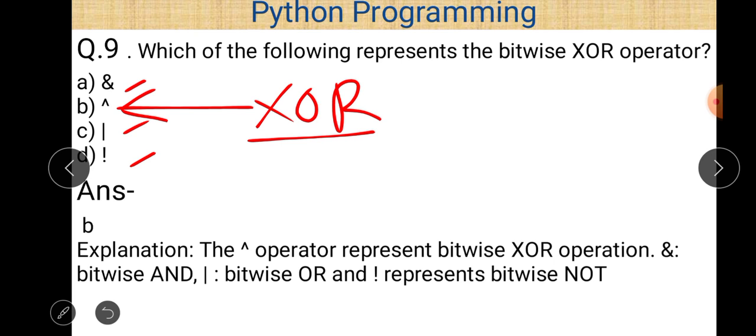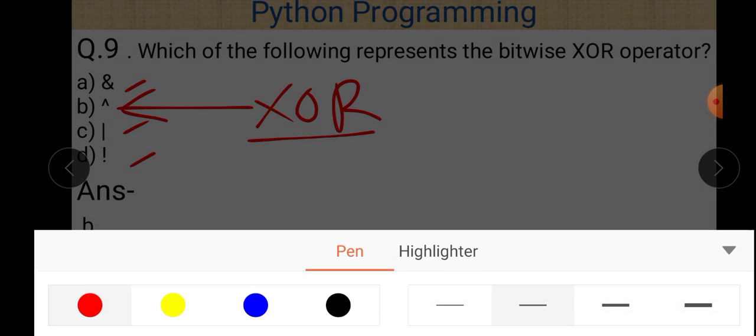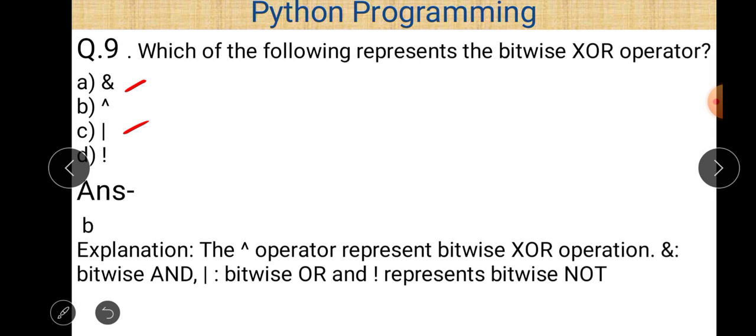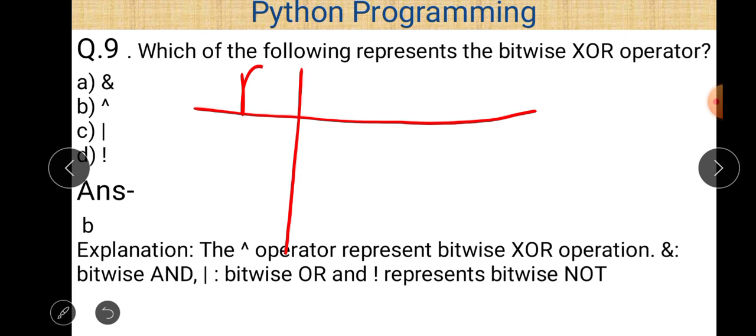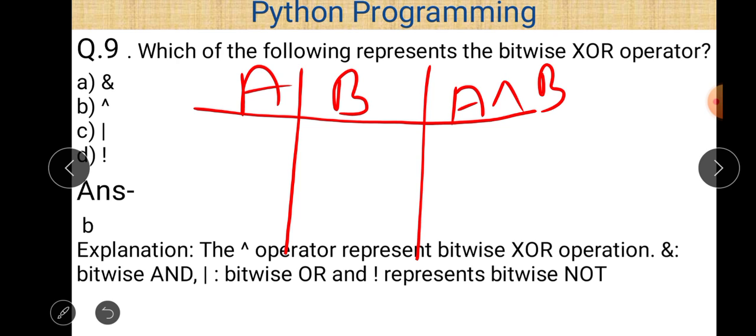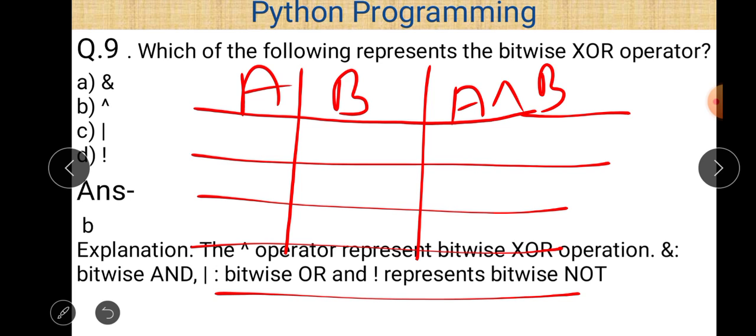Now I will show you the truth table of XOR. If the first value is A, the second value is B, then A XOR B, we can write it as follows.